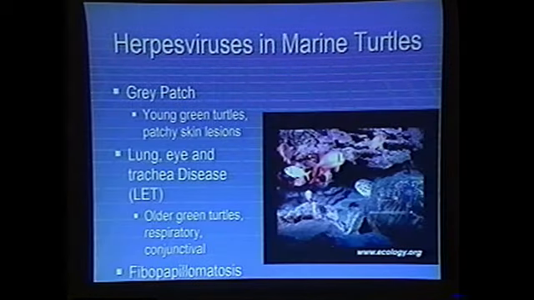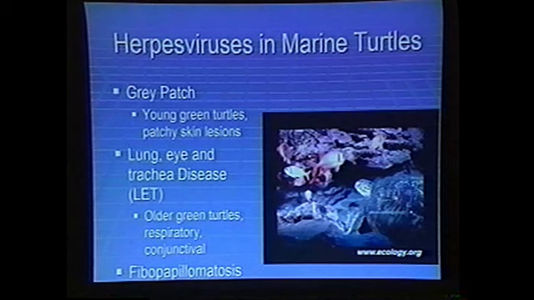Herpes viruses also occur in marine turtles. A condition is known as gray patch in aquaculture green turtles, primarily young turtles, and manifests as patchy skin lesions. Another form of herpes virus infection occurs in older green turtles and is referred to as lung, eye, and tracheal disease, or LET, and it's predominantly a respiratory and conjunctival manifestation of herpes virus infection.